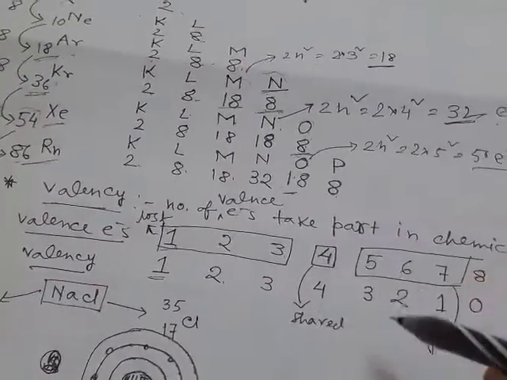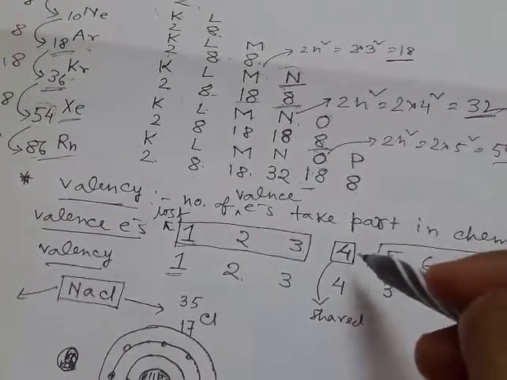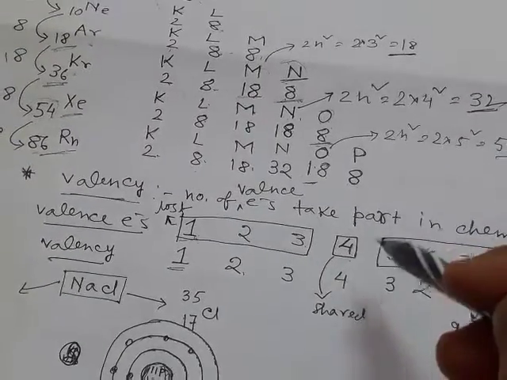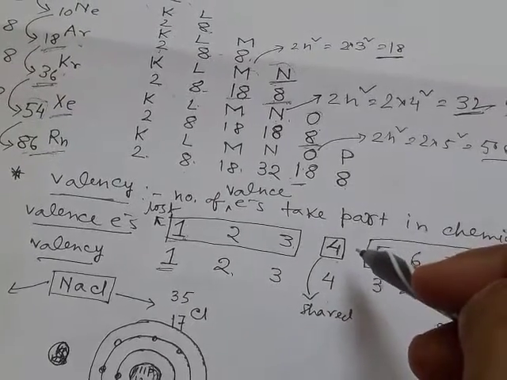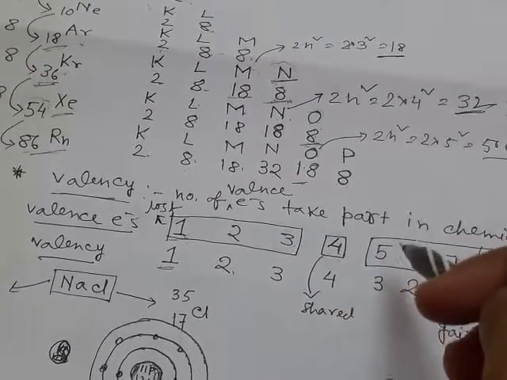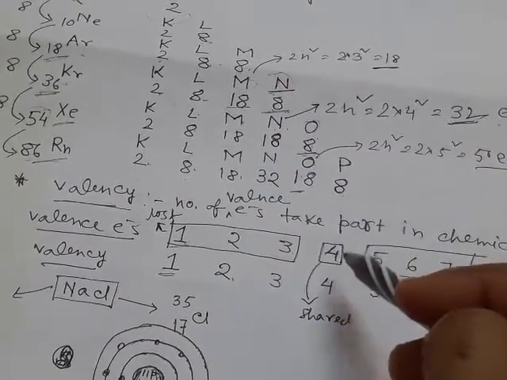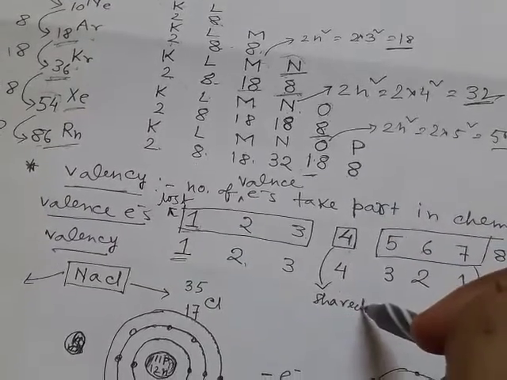If there are 4 electrons in the valence shell, as 4 is a very large number, it is difficult to donate or accept all the 4 electrons to attain the 8 electron configuration. So for this type of atoms, they share these 4 electrons.